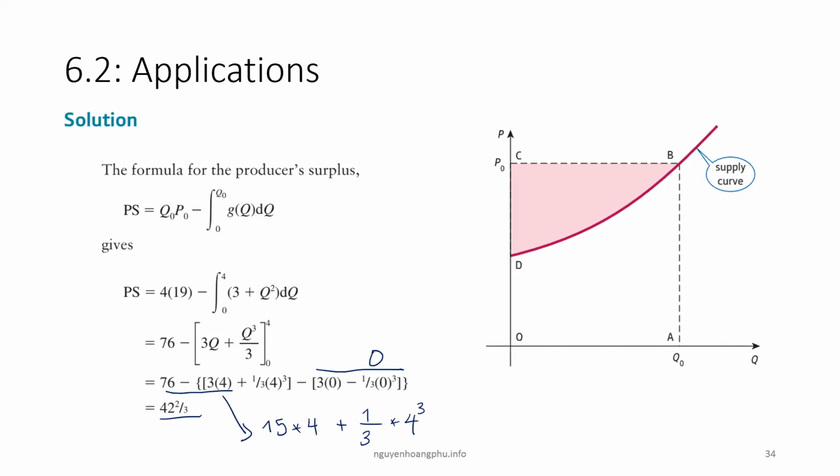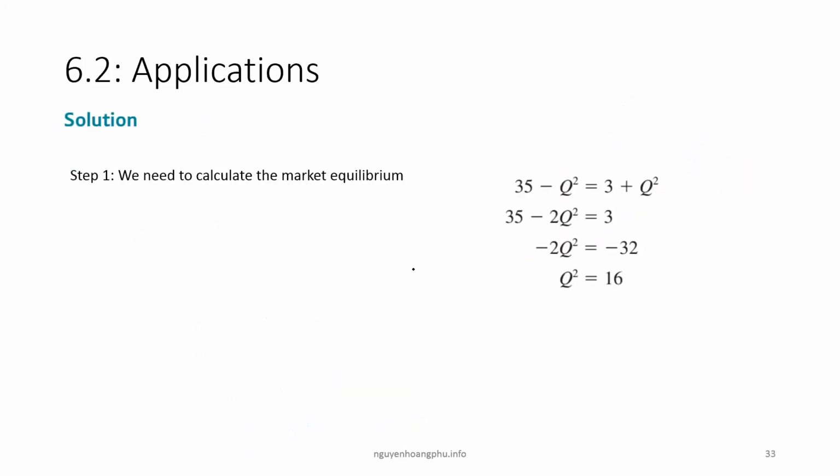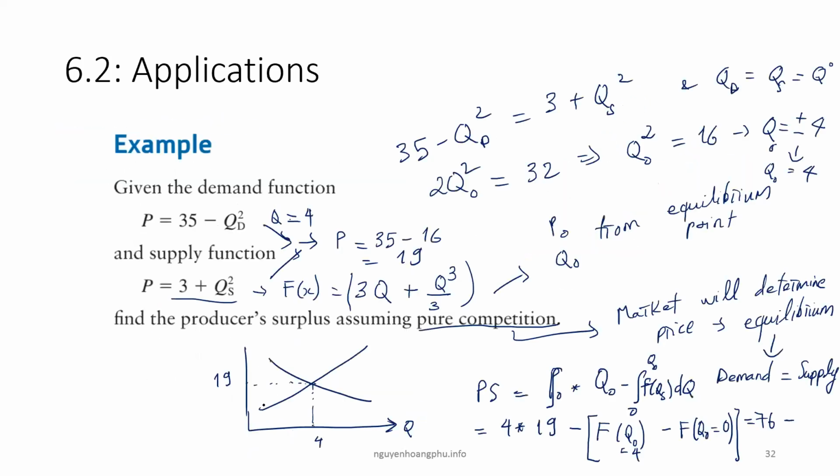Okay. So looking at the supply curve, this part will be producer surplus. If you look here, this part will be consumer surplus.